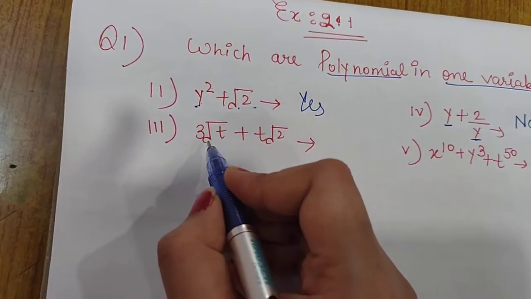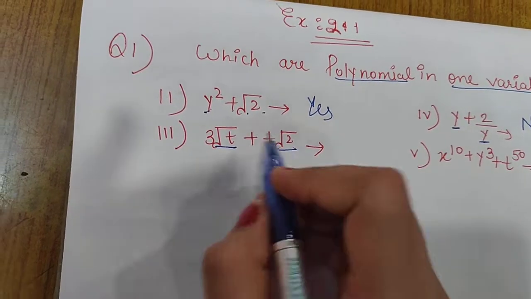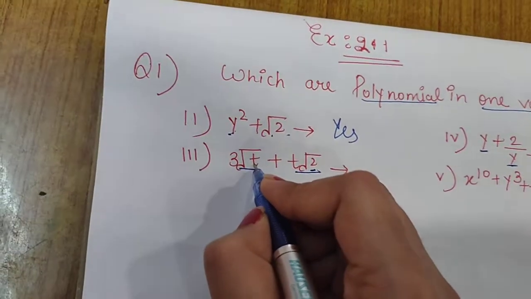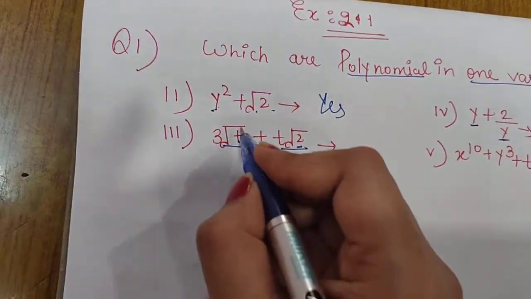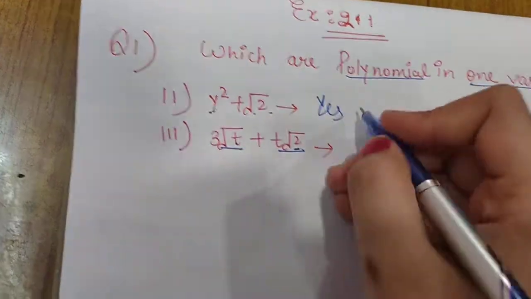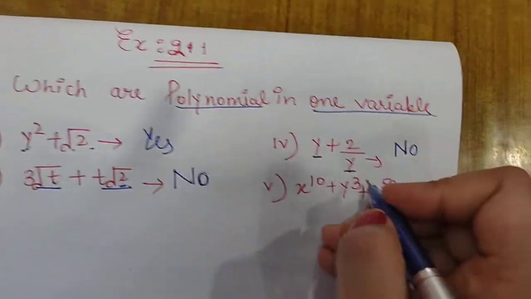Here you see 3 root 2 plus t root 2. Root 2 doesn't matter, but here t is the variable and the power of t is 1 by 2. So this is not a polynomial because the variable power is not a whole number.